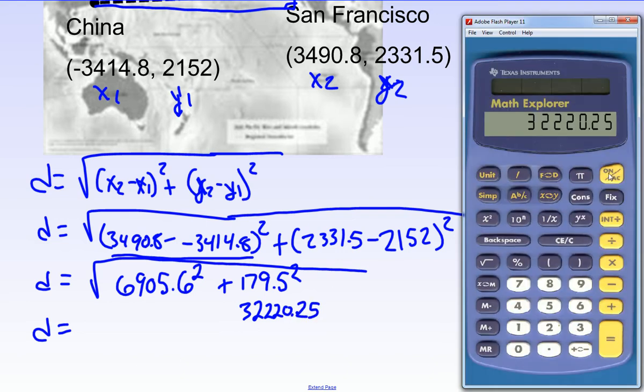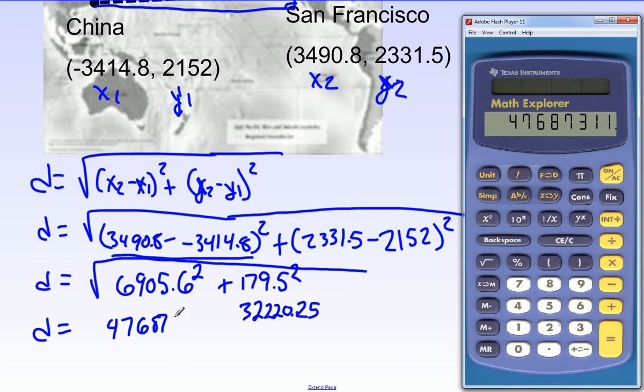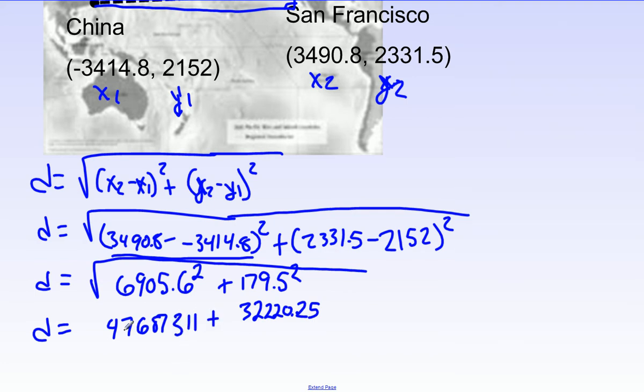And the other side is 6905.6 squared. Oh, ain't that lovely? 47,687,311.